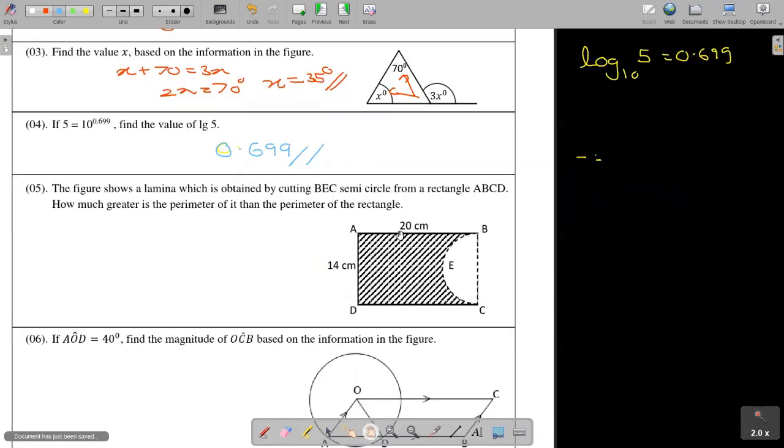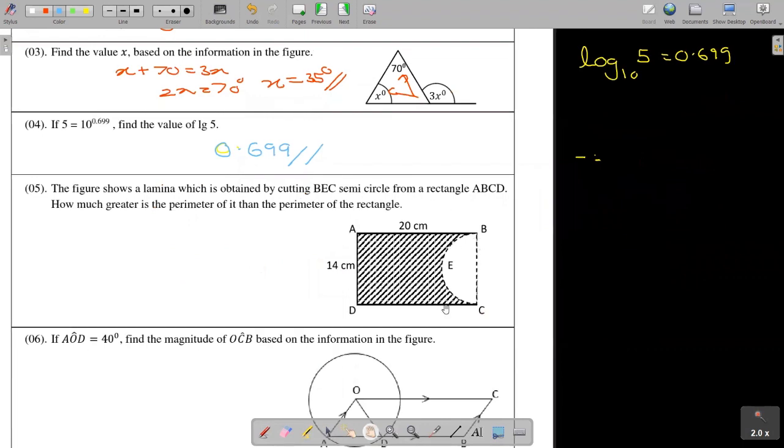The figure shows a lamina which is obtained by cutting BEC from a rectangle ABCD. How much greater is the perimeter of it than the perimeter of the rectangle? Addition of these four. I will take this as 2R, twice the radius.